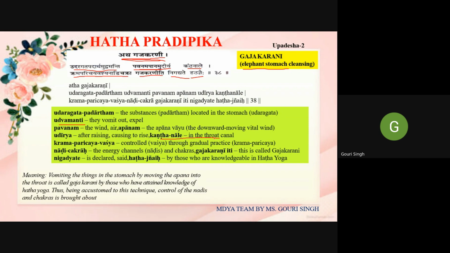Okay. "Krama parichaya bhashya nadika chakra" means gradually, whenever you are doing this practice and you are able to raise your apana vayu upward, and you are vomiting all the substance present in the stomach, what happens?